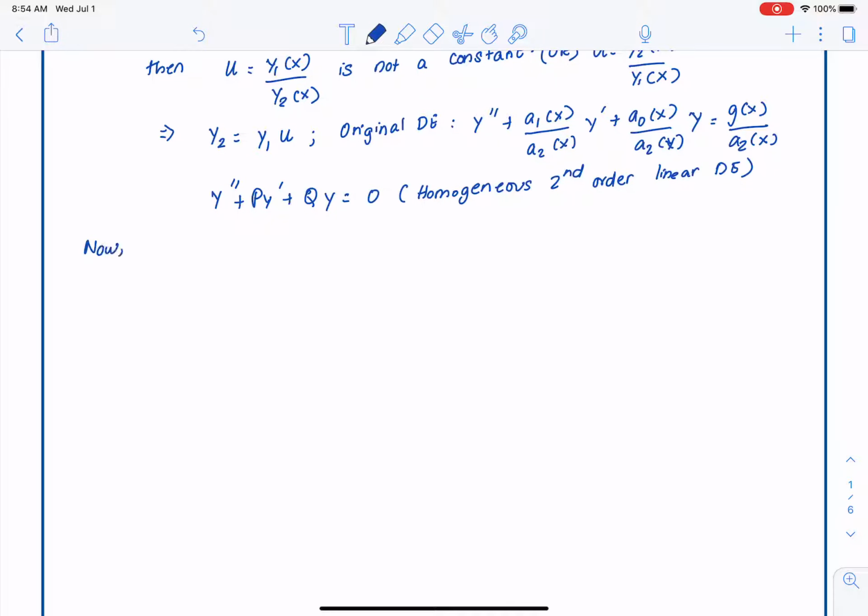Now y2 is equal to u times y1. y2 prime, if we use the product rule, would become u y1 prime plus y1 u prime. y2 double prime would simply be equal to u y1 double prime plus y1 prime u prime plus y1 u double prime plus u prime y1 prime. Those two terms are identical, so I can combine them.